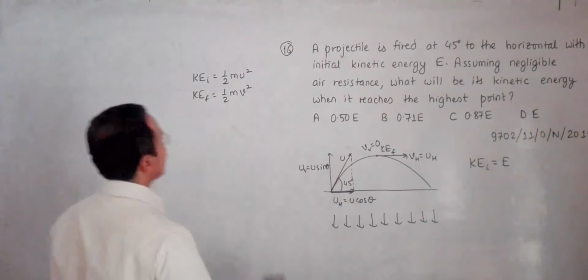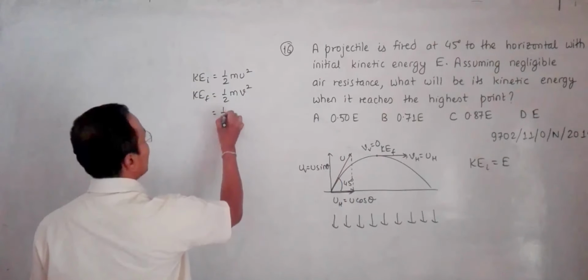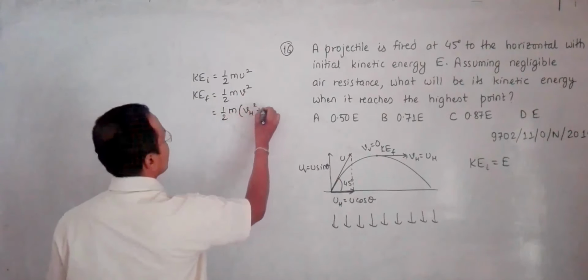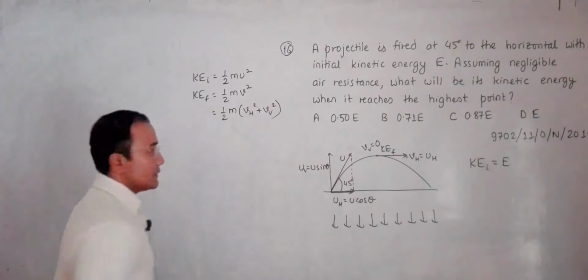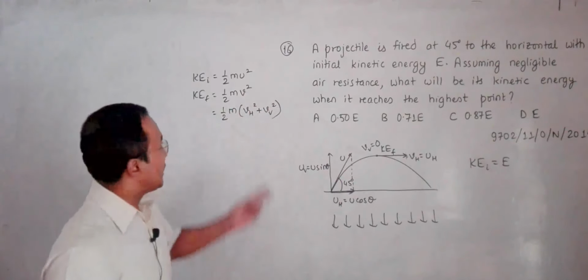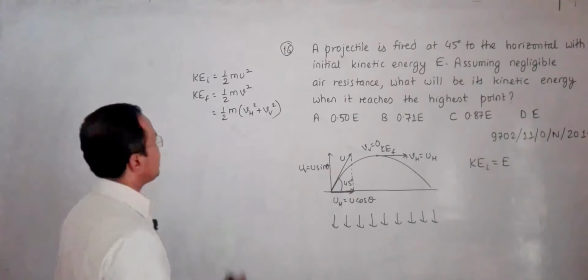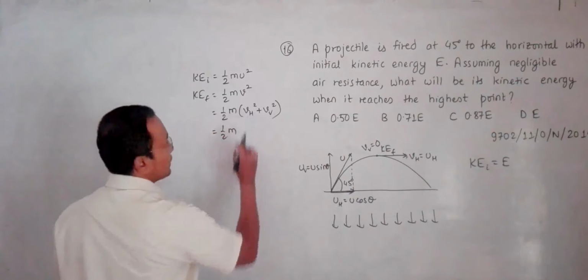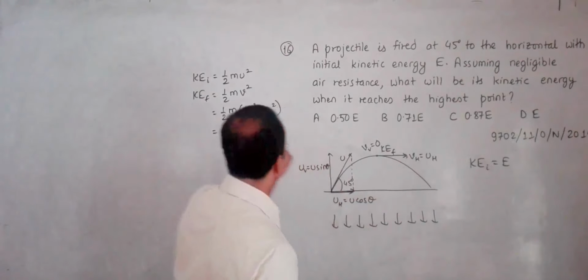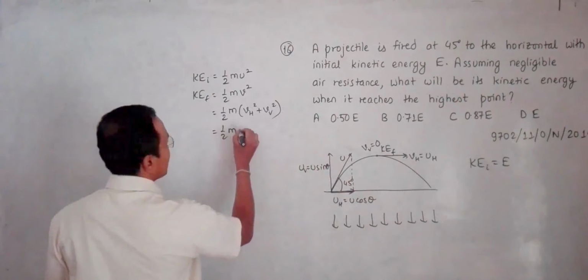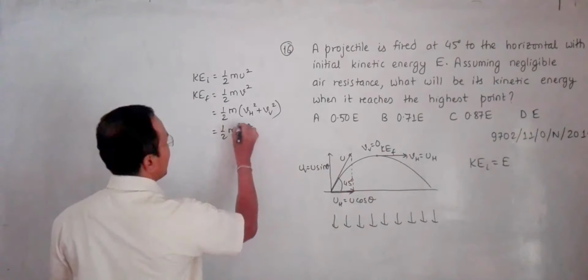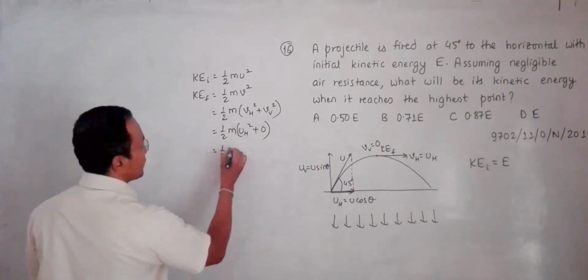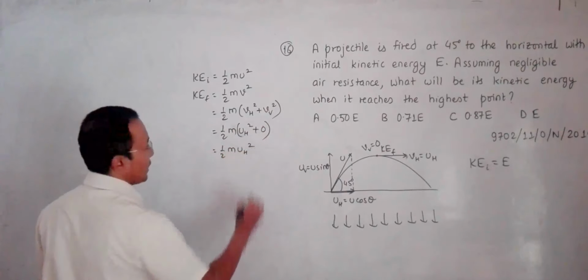This V squared is composed of two things: it's equal to 1 by 2 m times V horizontal squared plus V vertical squared, because V is the resultant of the horizontal and the vertical. That's equal to 1 by 2 m times UH squared plus 0, which is equal to 1 by 2 m UH squared.